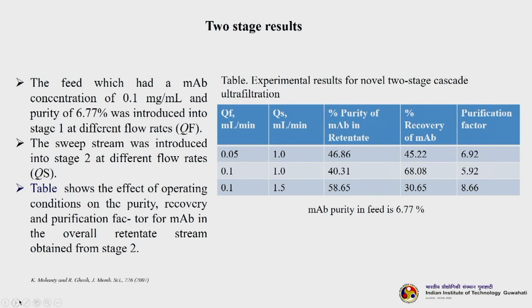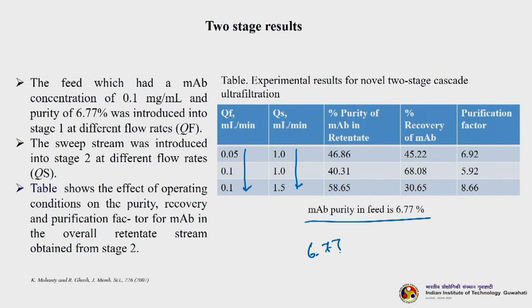We have varied the feed flow rate, 0.05, 0.1, then the sweep flow rate, 1 to 1.5. The percentage purity of MAB in the retentate is 46, 40, 58.6. You can see that the initial is 6.77. In only a two stage system, it has increased from 6.77 to 58.65 percent. So you can understand how the two stage system is doing the concentration.